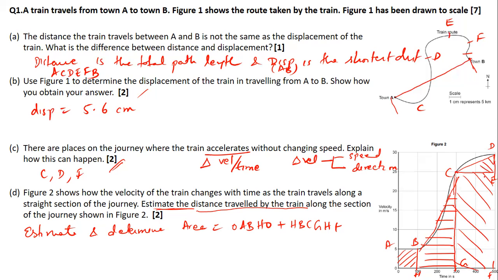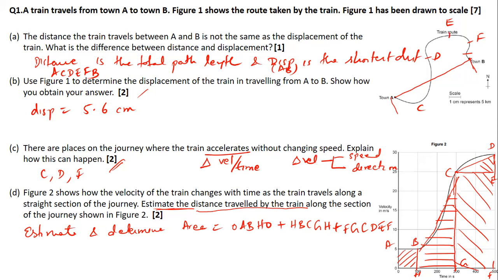Maybe I'll include this also. There's one more trapezium. So which is nothing but H, B, C, G, H, plus what is the last area? Last area is, let us start from here, F, G, C, D, and E, F.